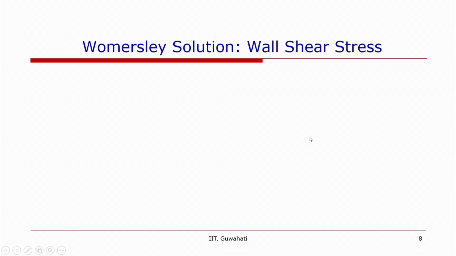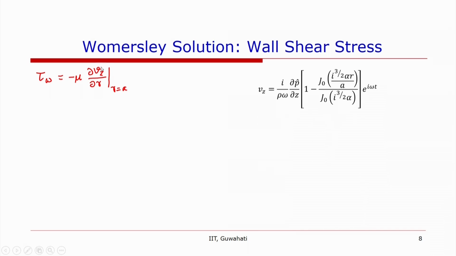So what we have looked at based on the velocity profile till now, we have obtained q or the flow rate. Now we will try to obtain tau, which is the wall shear stress tau w, and the formula for this is equal to minus mu del Vz over del r at r is equal to a. So again we have the velocity profile here.